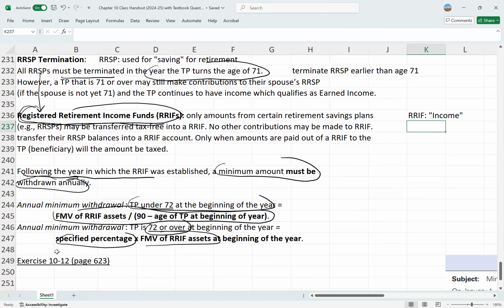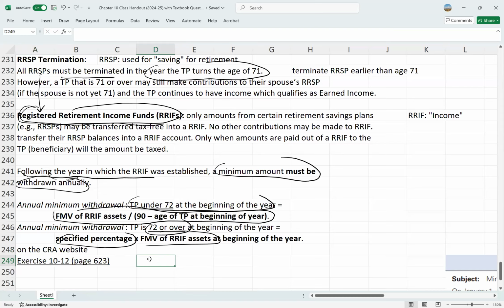Now, this specified percentage is on the CRA website. So don't worry about the specified percentage because in real life, if you were working as a financial planner and you had a client that had a RRIF as one of their accounts, you would have those specified percentages handy, but they are available on the CRA website.